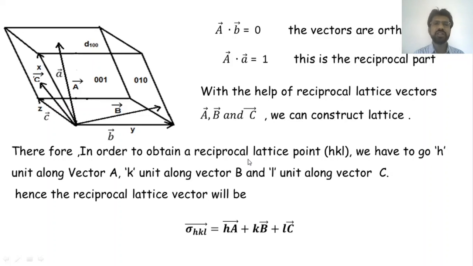Therefore, with the help of the reciprocal lattice vectors a, b and c, we can construct the direct lattice.